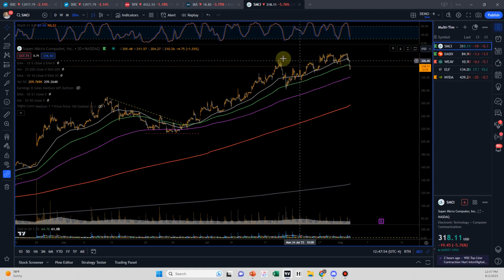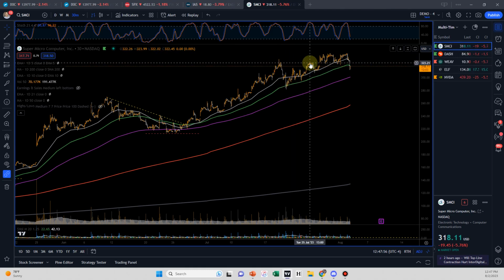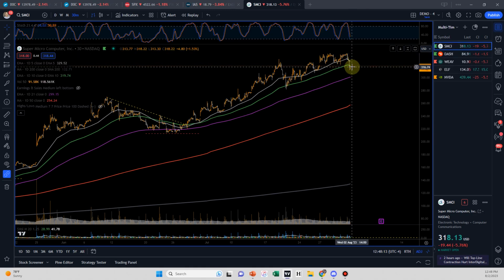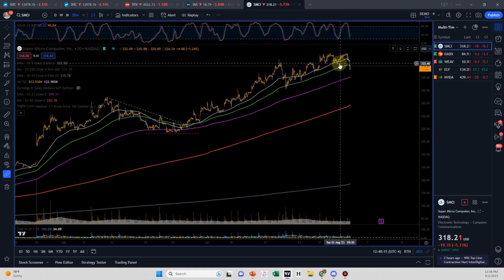I had attempted to re-enter this with a small position when it broke out over here to see if it would continue its move. Then it consolidated, I raised the stop to break even, and then when it's doing this over here, what's it doing? It's violating these recent swing lows over here.